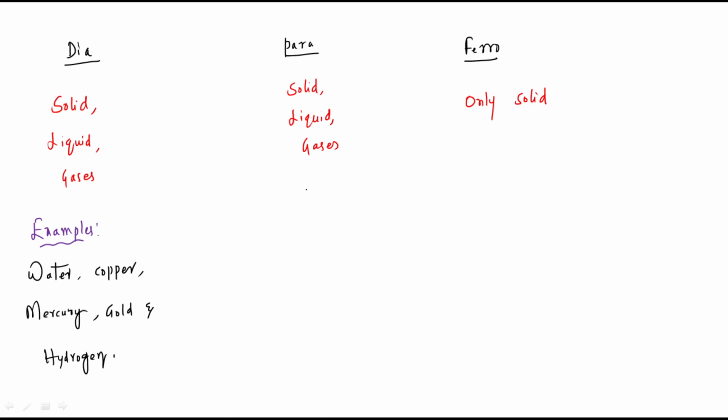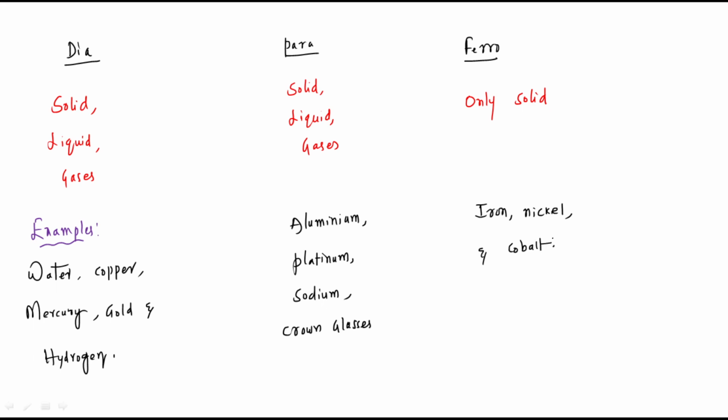Coming to paramagnetic material: aluminum, platinum, sodium, chrome, glasses. Then iron, nickel and cobalt. These are the examples for diamagnetic, paramagnetic and ferromagnetic materials.